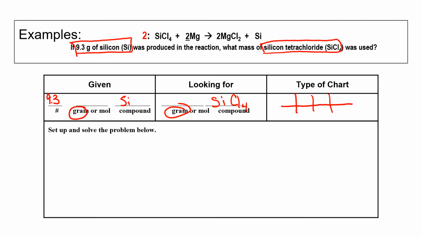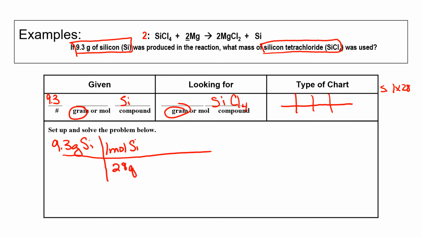Okay, so let's start setting this up. We have 9.3 grams of silicon. We need to convert to moles of silicon, so we know that 1 mole of silicon is equal to 28 grams. We looked that up last time. So silicon, 1 times 28 is 28 grams. And now we need to convert from moles of silicon to moles of silicon tetrachloride.